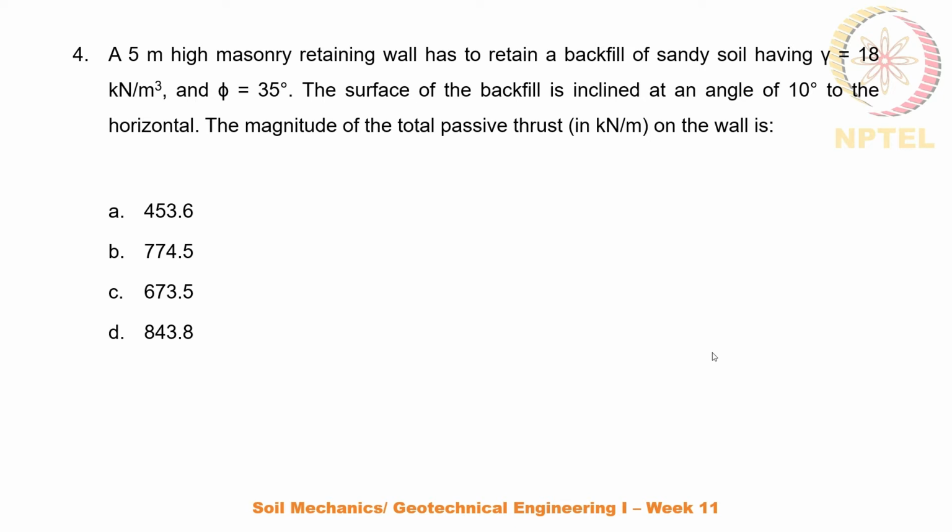In all the previous problems, the backfill had a horizontal surface, but in this problem, the backfill surface is inclined to the horizontal at 10 degrees. We are asked to determine the magnitude of the total passive thrust on the wall.